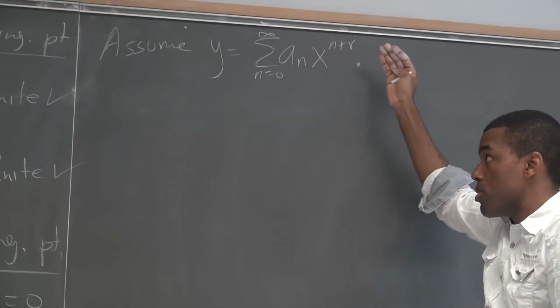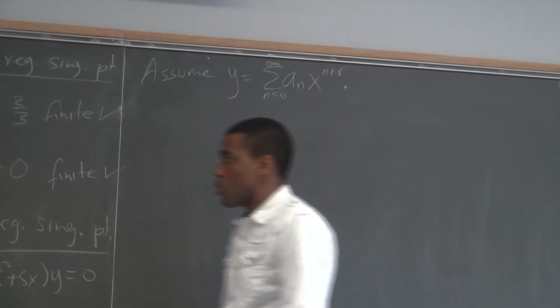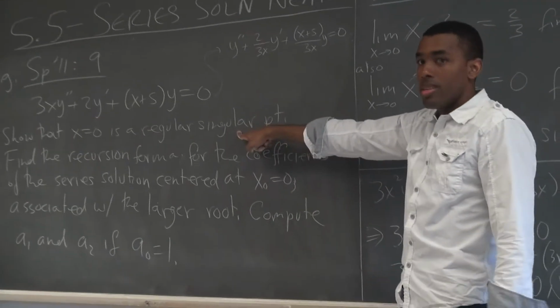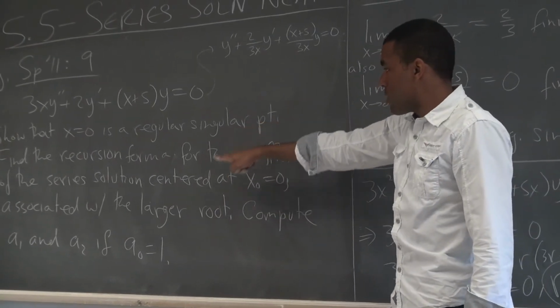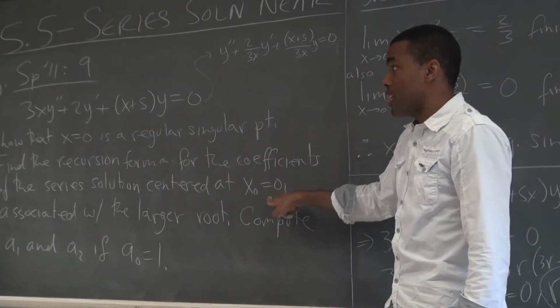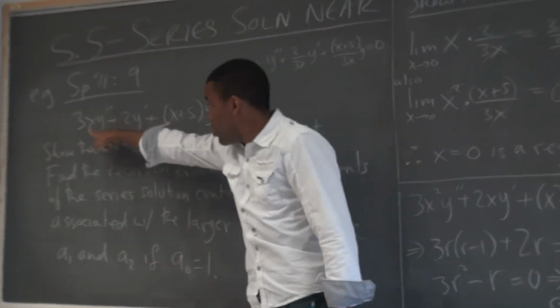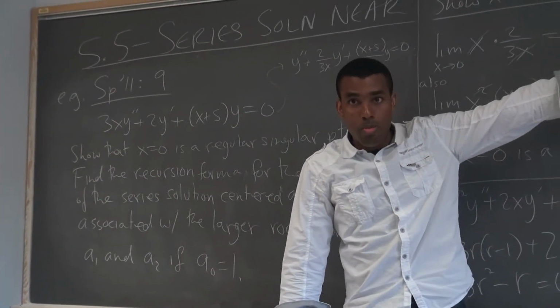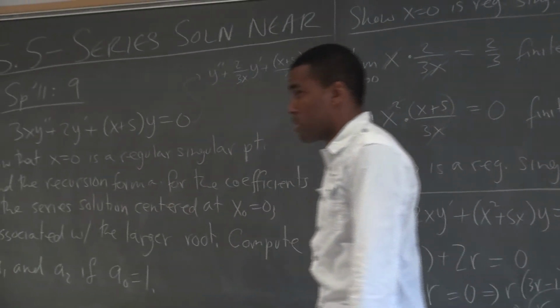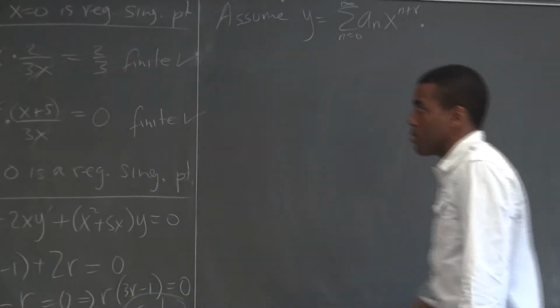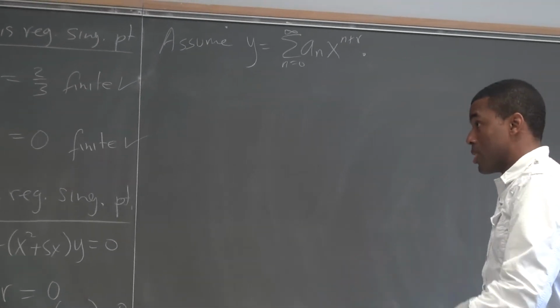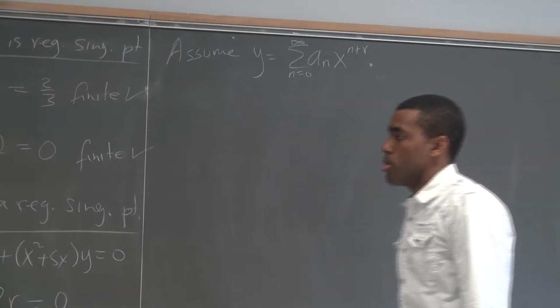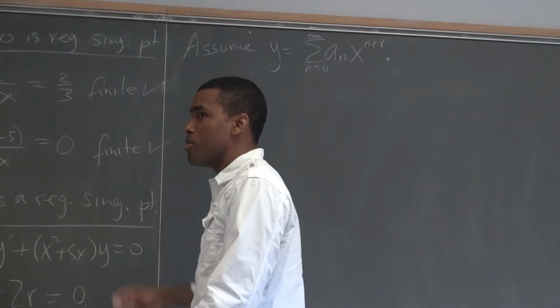The main thing is when we have a singular point. If they're telling you that you want to find a series solution centered at a point that you know is a singular point, because that point makes the first coefficient 0, you have to make that assumption, n plus r. Otherwise, just treat it as we did the old series solution. That's something important that you should probably write down, even though they usually mention it, but just in case they don't, you should be able to recognize it.